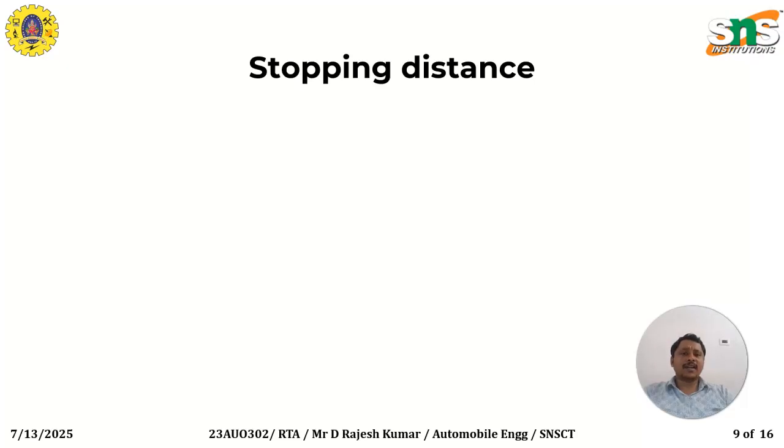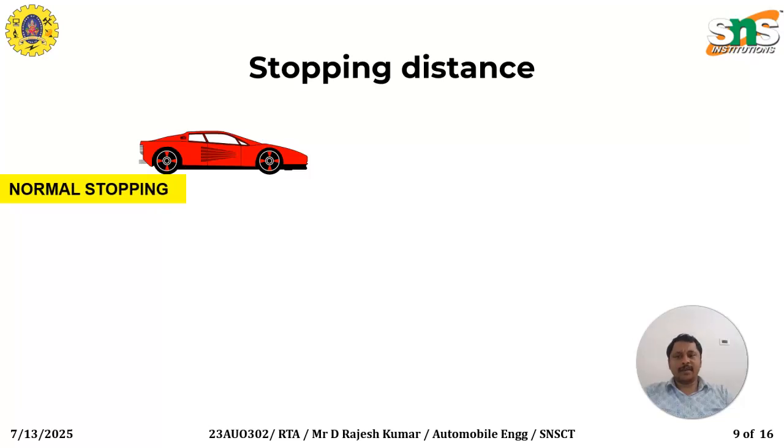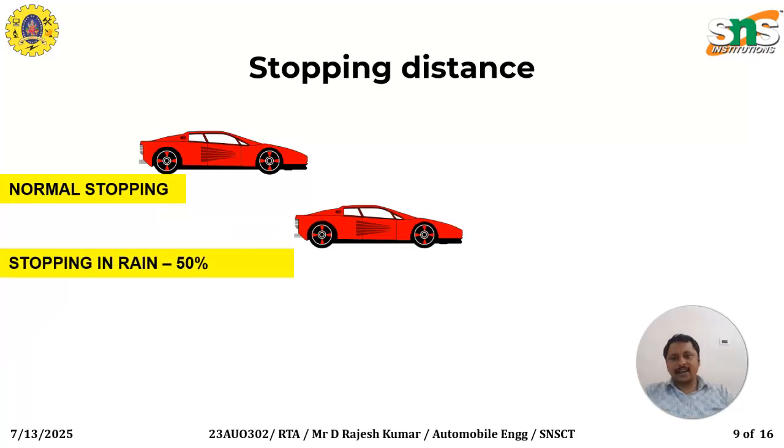Another important thing is the stopping distance. You can see the stopping distance on different road surfaces. Normally the stopping distance is minimal on a normal road surface. In rain, it is extended by 50%.